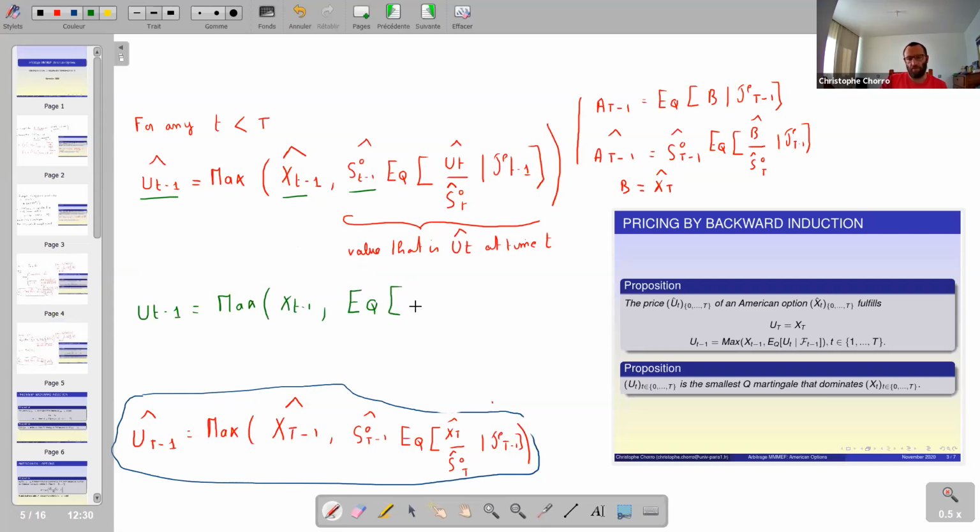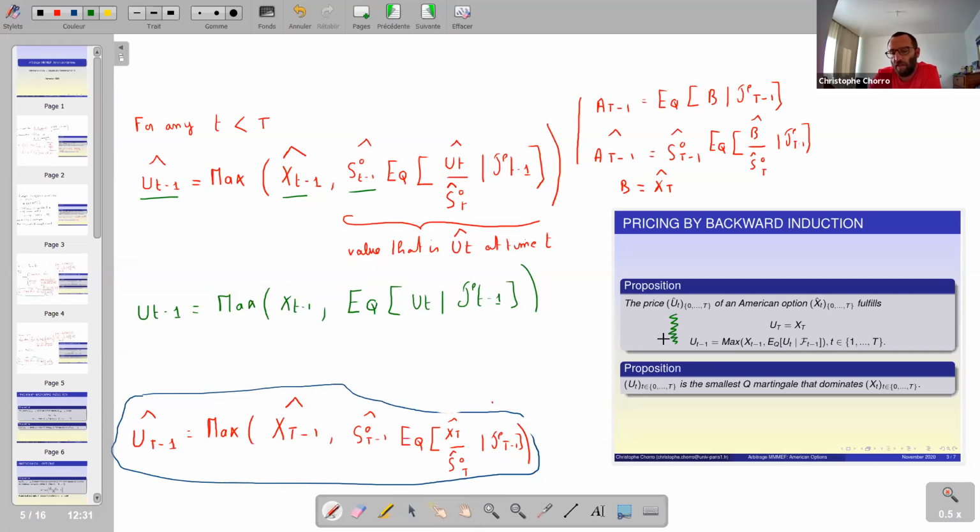This one is none other than U_t, in fact, given F_{t-1}. And you have this nice expression that is a recursive expression in order to express what can be the price of an American option.